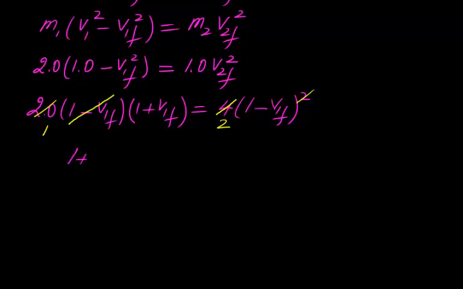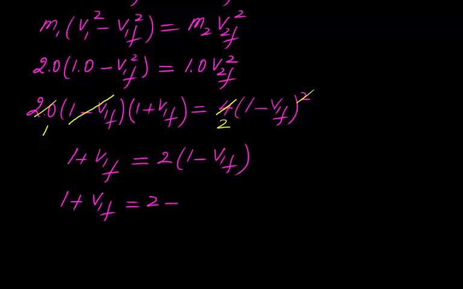1 plus v1 final, that's the only term left on the left hand side, is going to equal 2 times 1 minus v1 final. Distribute the 2 here. Now we have 1 plus v1 final equals 2 minus 2v1 final. Now bring the v1 final terms together.